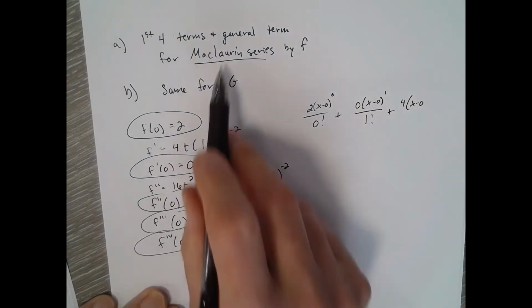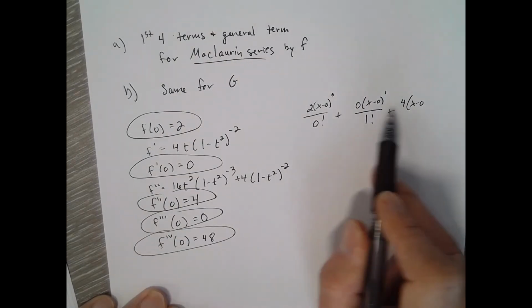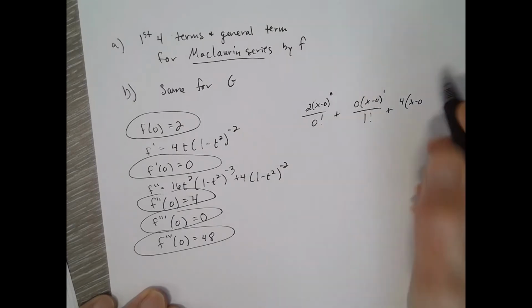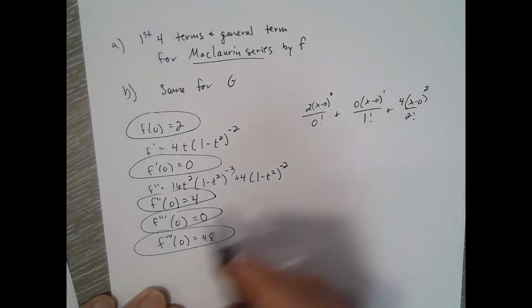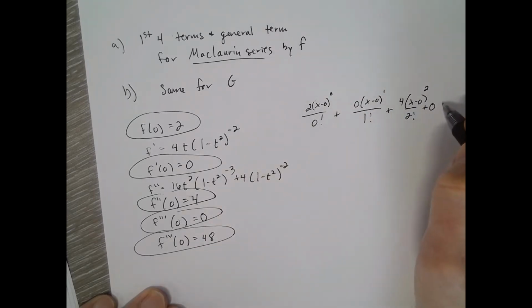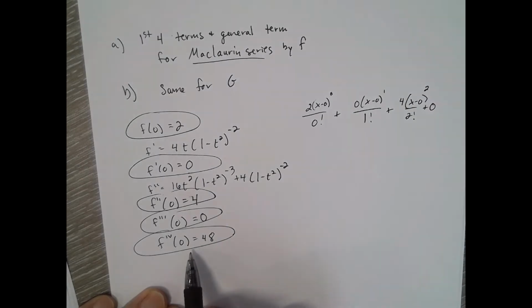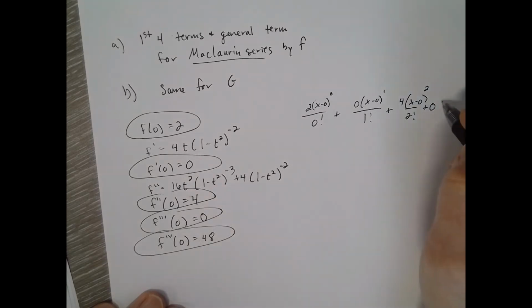It's a Maclaurin series, so I wouldn't expect you to write x minus 0 here to the first. So now it's squared over 2 factorial, plus another 0 term, plus so f triple prime is 0. Okay, so the fourth derivative is 48 times x to the fourth over 4 factorial.